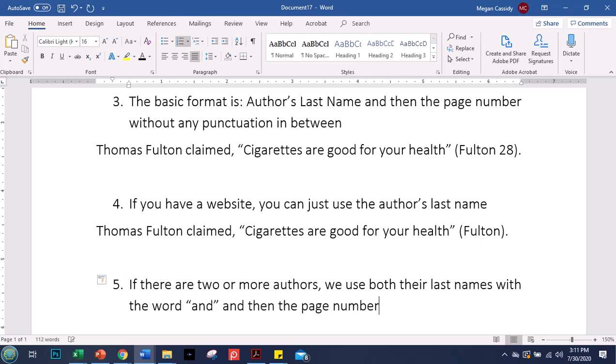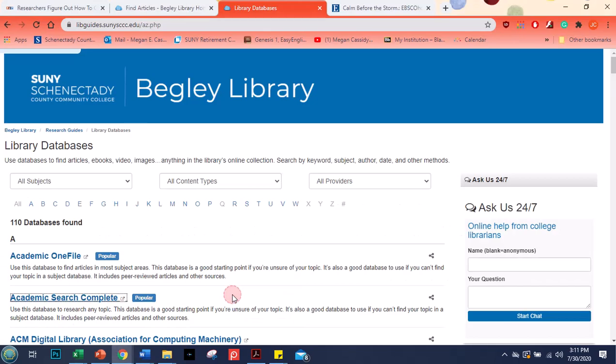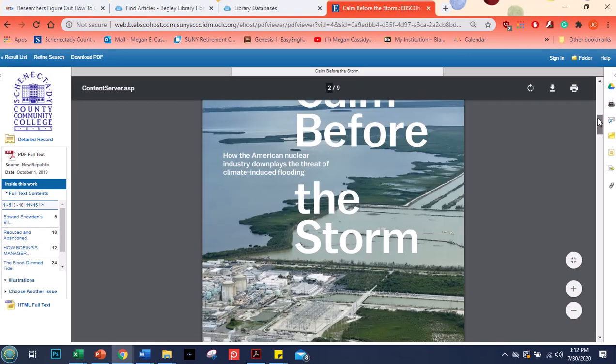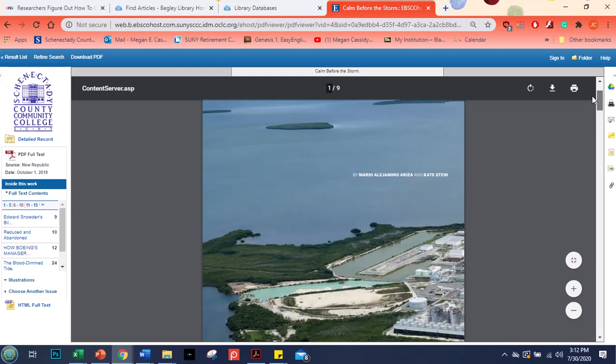Now, no, the and does not go in quotes, but I put that there just so you can see. So let's go over to a piece of research where we have two people talking. So this is written by Mario Alejandro Ariza and Kate Stein. So it's going to be Ariza and Stein.